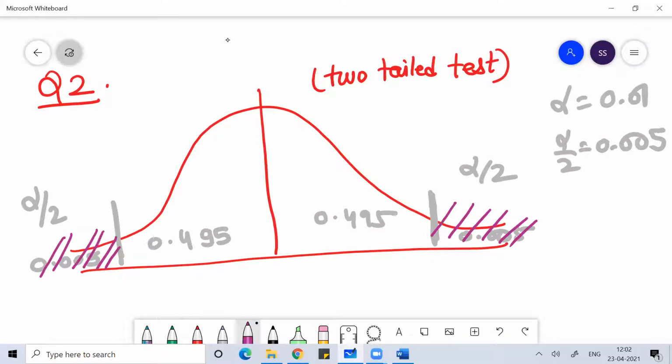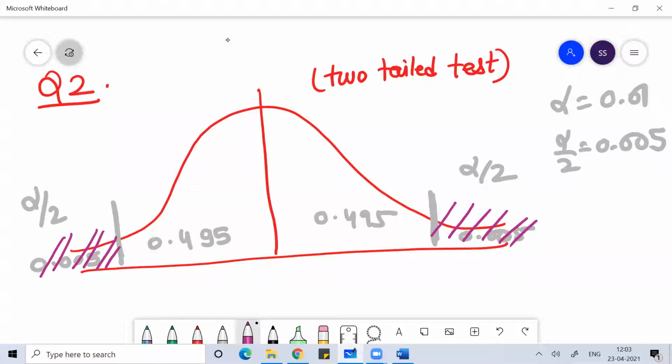So you get the alpha value as 0.005. Your acceptance area here would be 0.495. Your acceptance area is 0.495. So now what you do, under the normal distribution curve, you can find the z value corresponding to 0.495.